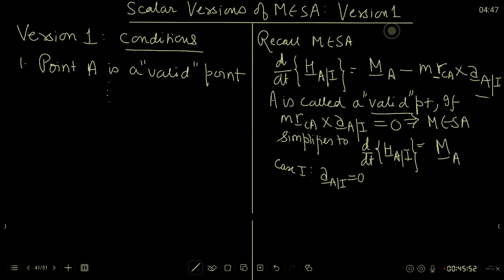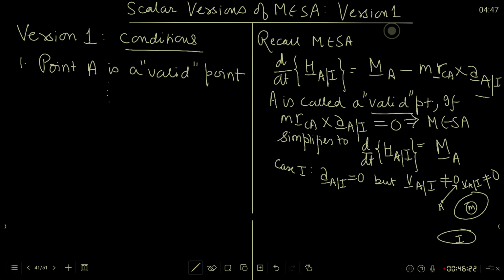Maybe I put this: AAI is 0 but VAI is not 0. This is one possibility. This can happen. A is a point, this is I, this is M. A is a point which may have some velocity, VAI not equal to 0, but this will be 0. It can happen. In that case, A is a valid point.